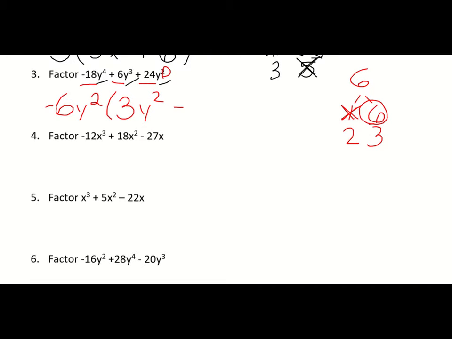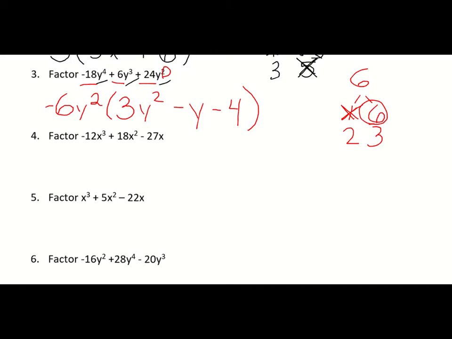And then y cubed, but I already took 2 of them, would leave me with y. So remember, I don't need to put minus 1y. I can just put minus y. Plus 24 divided by negative 6 would make minus 4. Y squared, we already have accounted for, so I'm going to close the parenthesis.